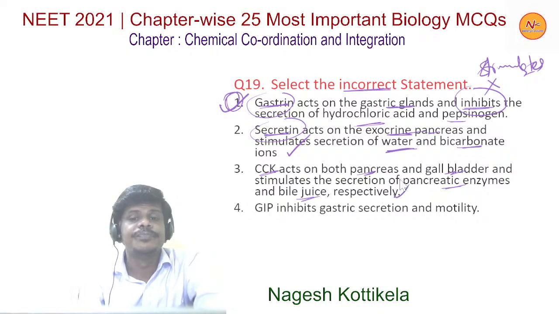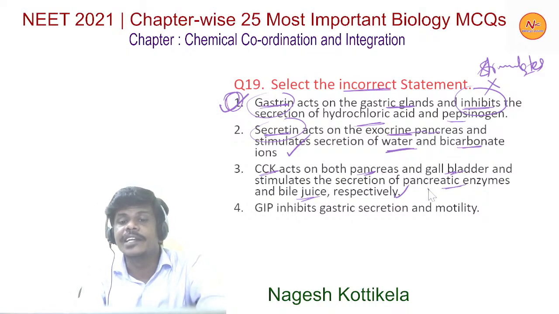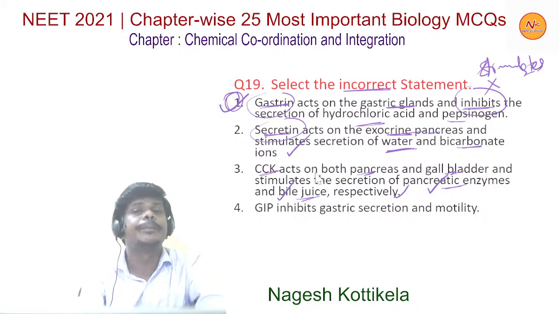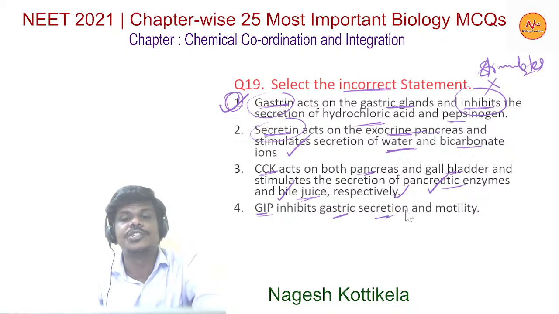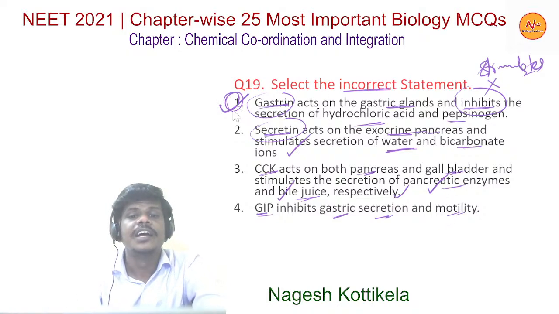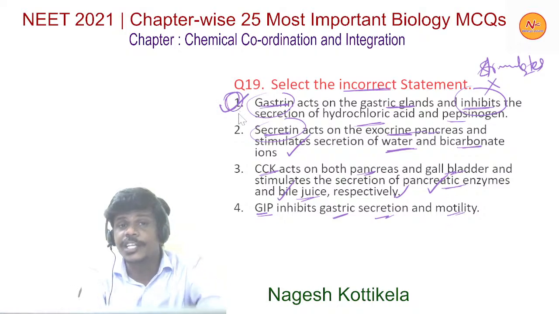This is right. This is cholecystokinin hormone. It acts on both pancreas and gallbladder and it stimulates the secretion of pancreatic enzymes as well as the bile juice. And here GIP inhibits gastric secretion and motility. This is the right one. So, here the first option is the incorrect option.